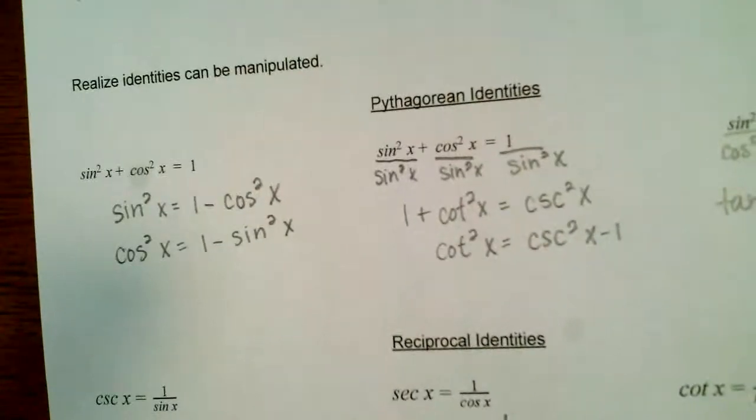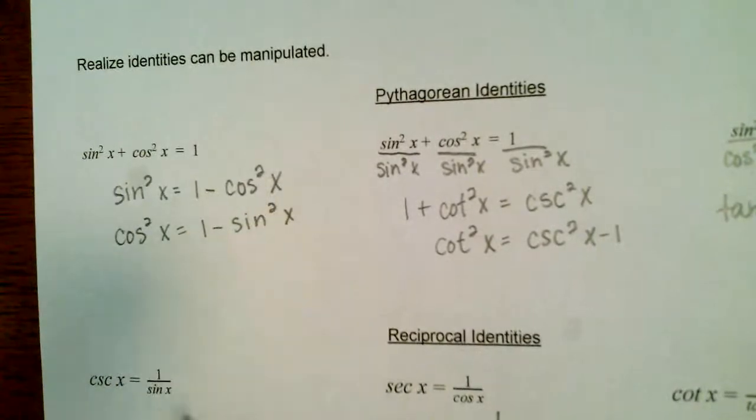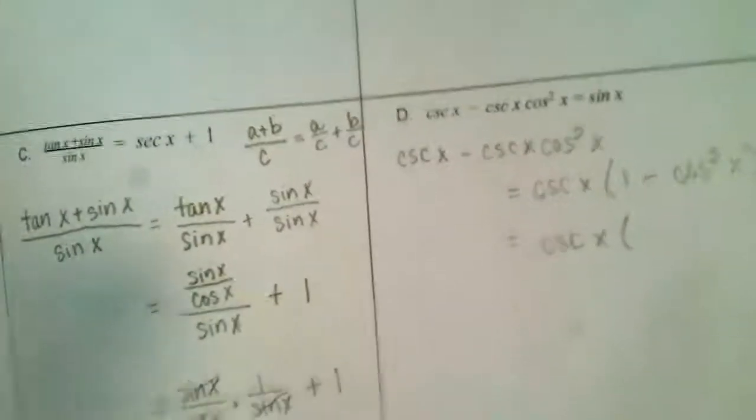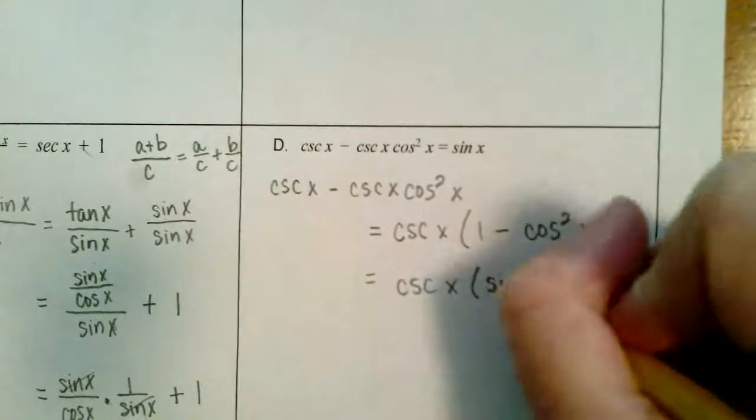If I look back at my Pythagorean theorem identities, I can see, manipulated, 1 minus cosine squared of x is equal to sine squared of x. So I am going to replace my 1 minus cosine squared of x with sine squared of x.